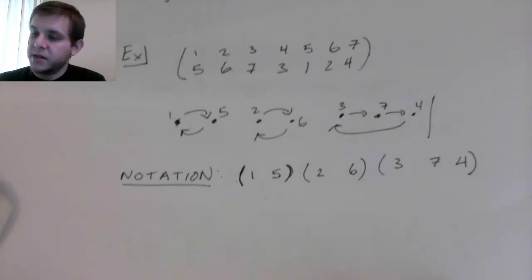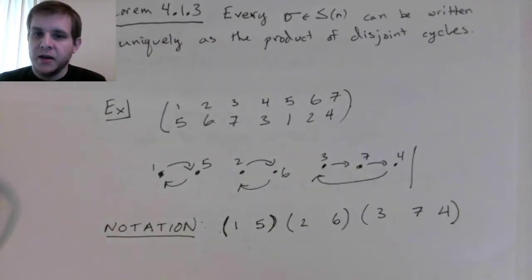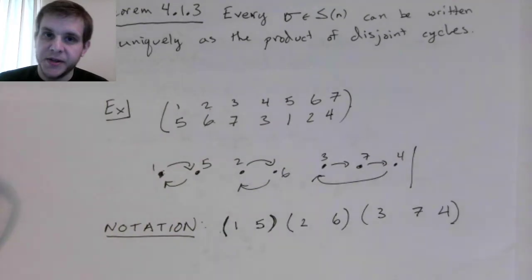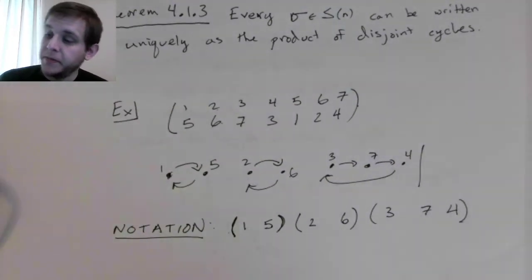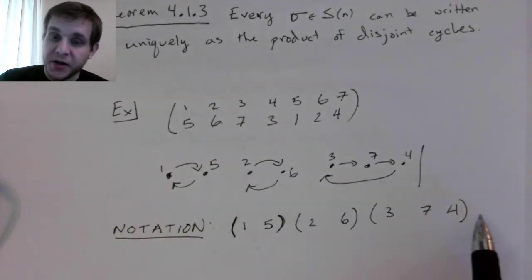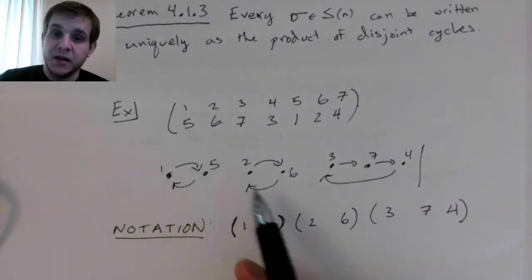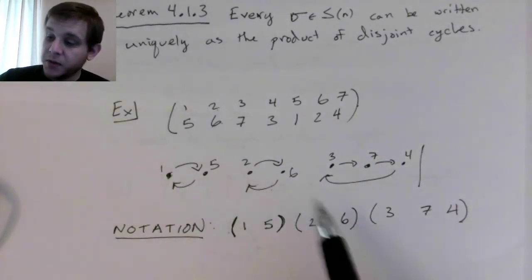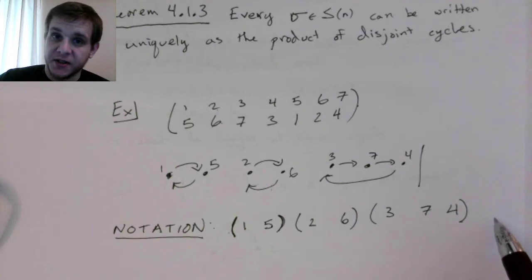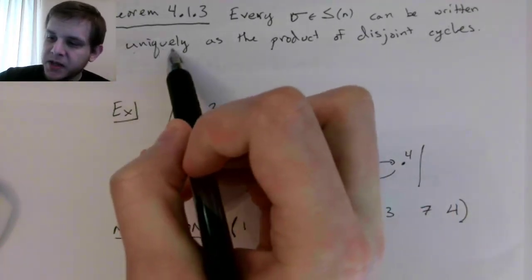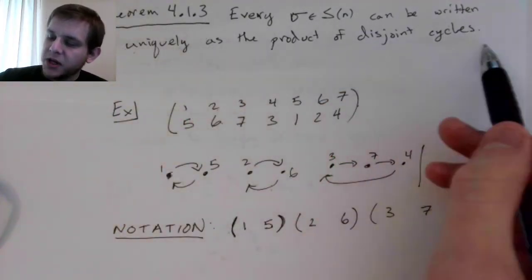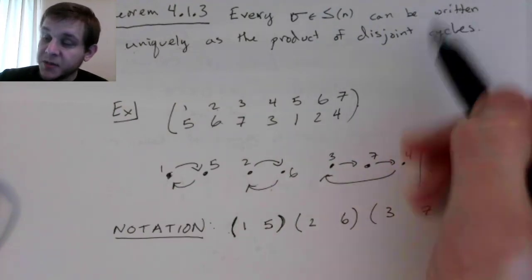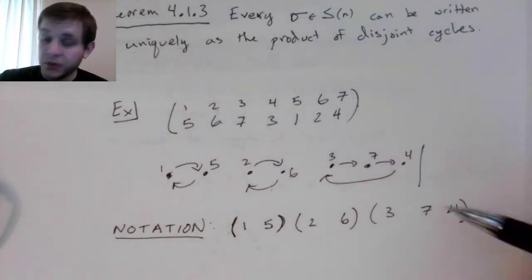So what is this theorem saying? This is the expression that appears in the theorem. Now the order in which these cycles appear doesn't matter, because we just proved that these are disjoint cycles, so they all commute. So the order in which I list the cycles doesn't matter. So uniquely here means the product of the cycles themselves are unique, not the order in which they appear.